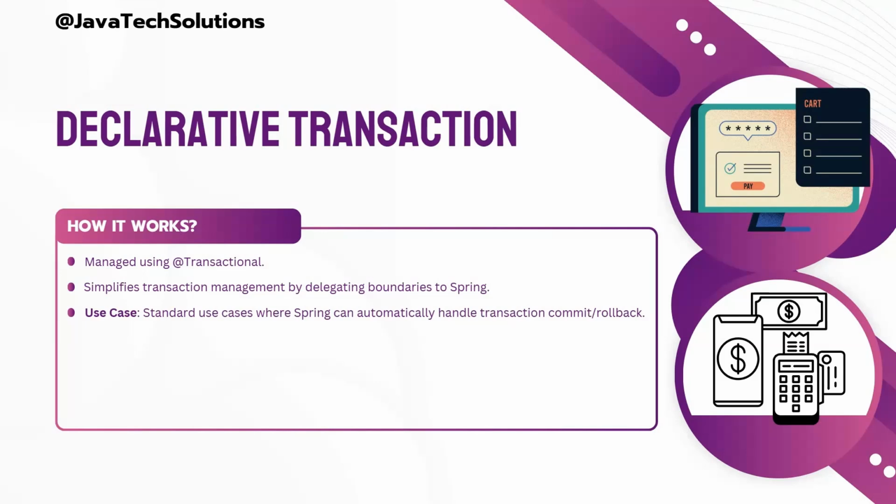Flexibility: you can define specific transaction properties like propagation and isolation using attributes of the transactional annotation. Consistency: centralized configuration ensures consistent transaction handling, right?